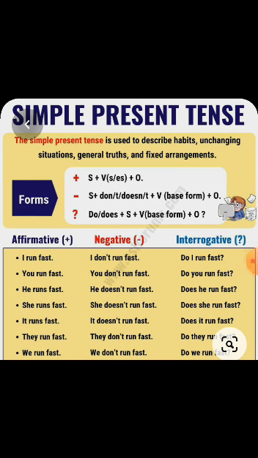Today I'm going to share with you about tenses. First of all, you already know that there are three types of tense. The first one is present, the second one is past, and the third one is future. So it's very common and it's very easy. The time which is going on now is called present tense.